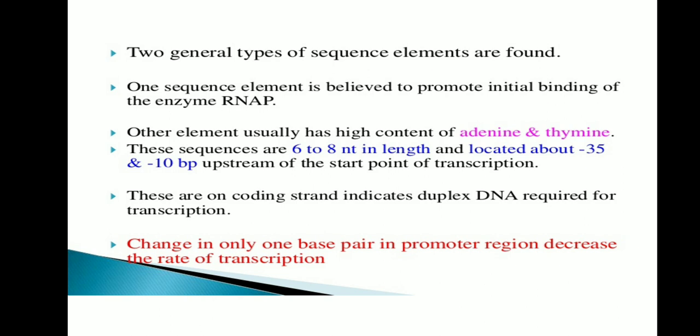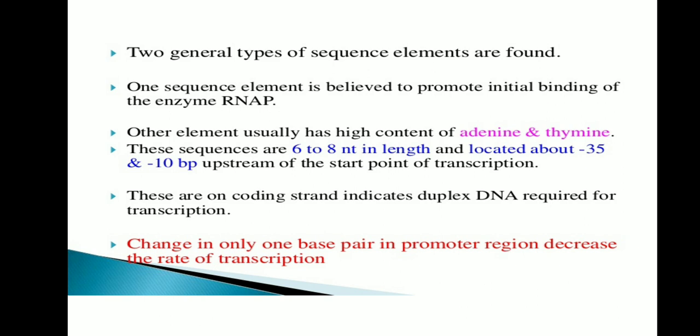These sequences are 6 to 8 nucleotides in length and located about -35 and -10 base pairs upstream of the start point of transcription. From where the transcription starts is considered the 0 point. Upstream of it will be negative, and downstream of it will be positive. So these are located at -35 and -10 base pairs.